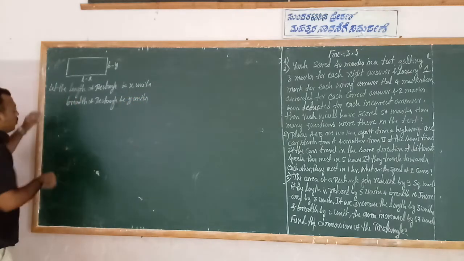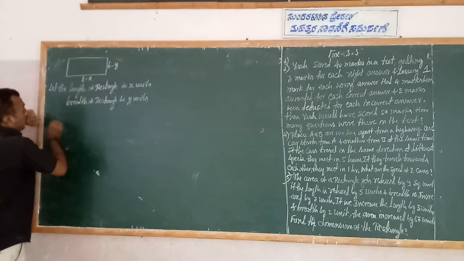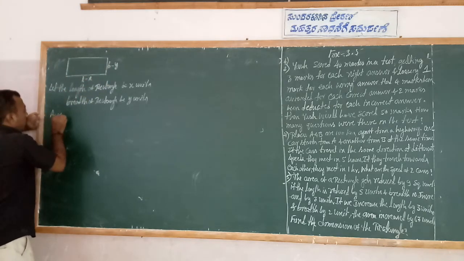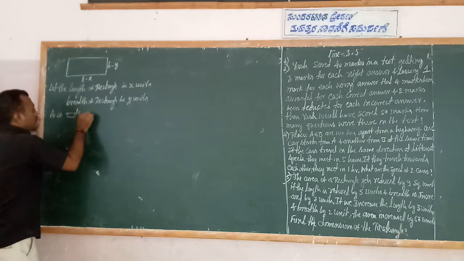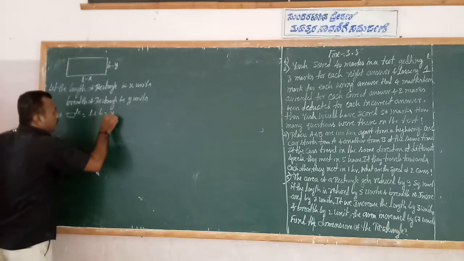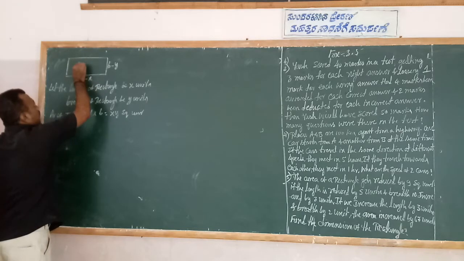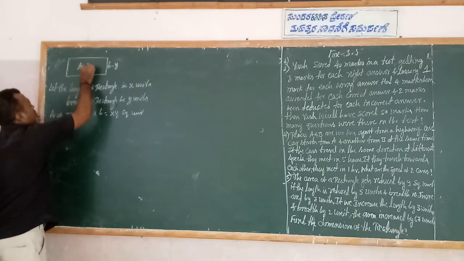Suppose the length is x units and the breadth is y units. What is the area of the rectangle? Area of rectangle is equal to length into breadth. What is the length? x. What is the breadth? y. So xy square units. So this is the area. Area is equal to xy square units.